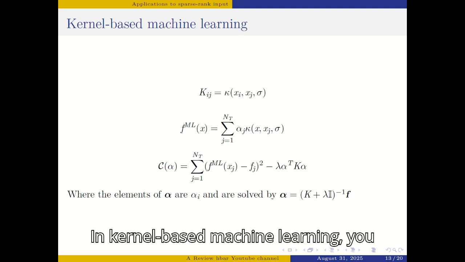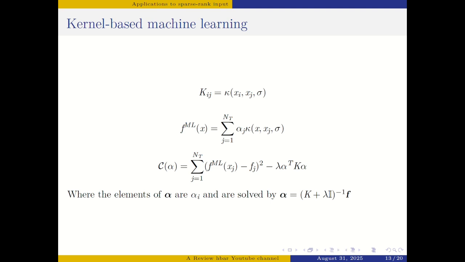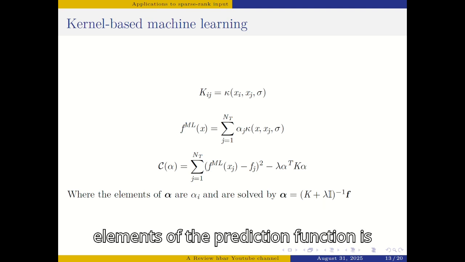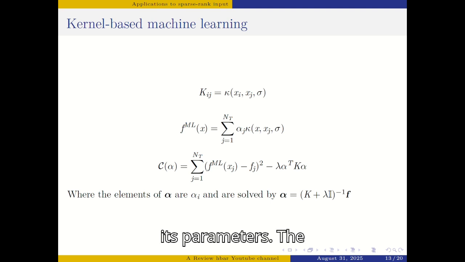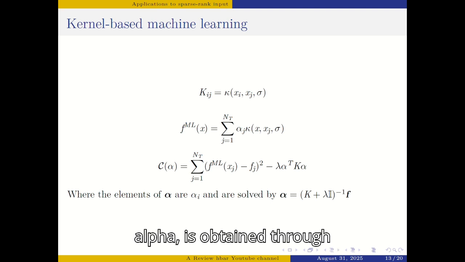In kernel-based machine learning, we often need to compute matrix inverse, as see. In fact, in quantum kernel, one of the key elements of the prediction function is its parameters. The parameter vector, denoted by alpha, is obtained through this relation.